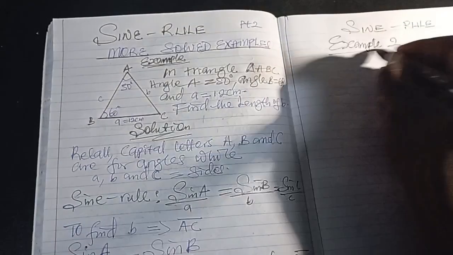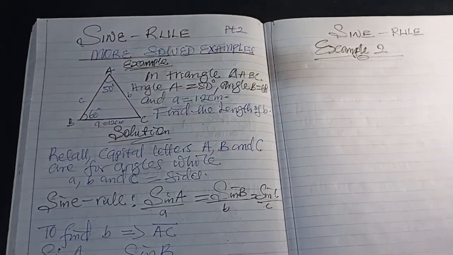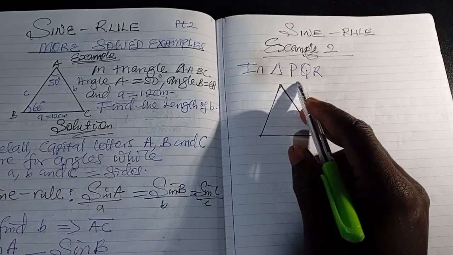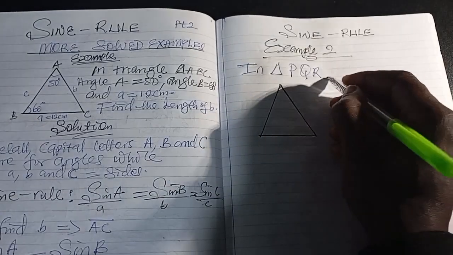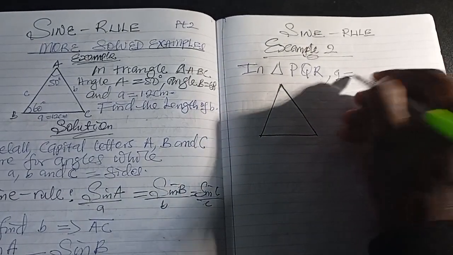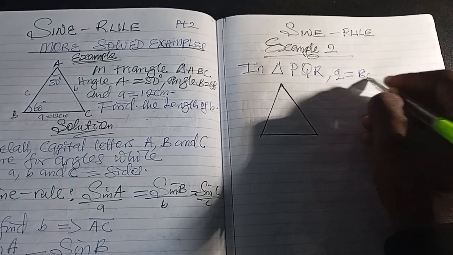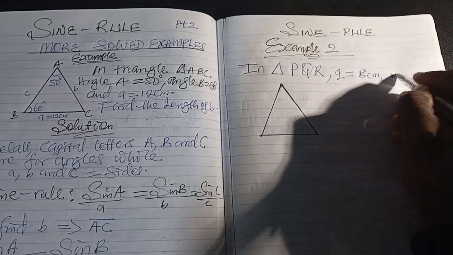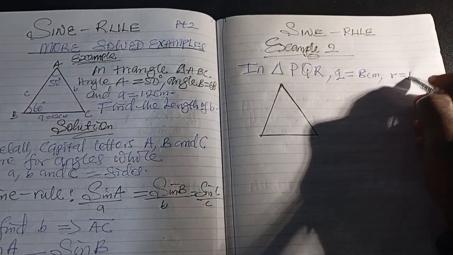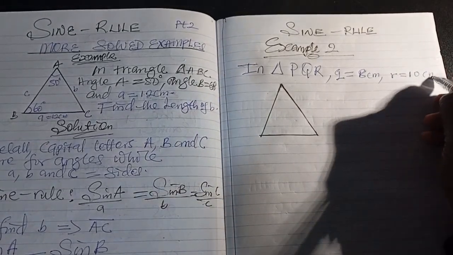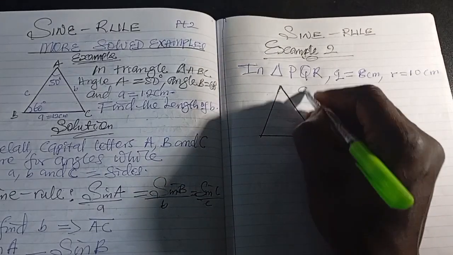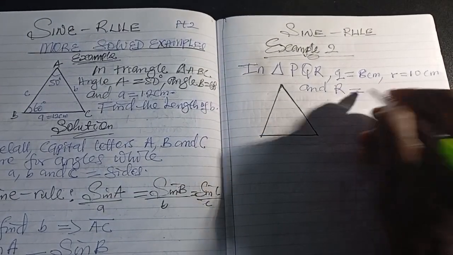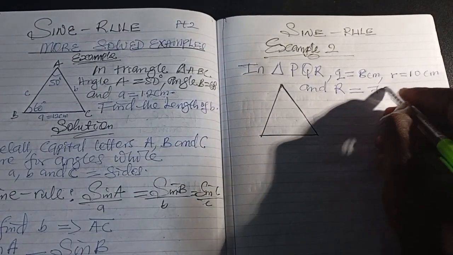Example 2. Okay, we have in triangle PQR, q is 8 cm, r is 10 cm, and capital letter R is 75 degrees.